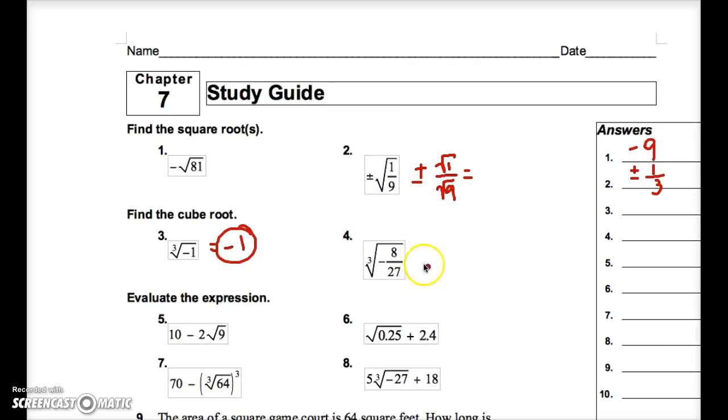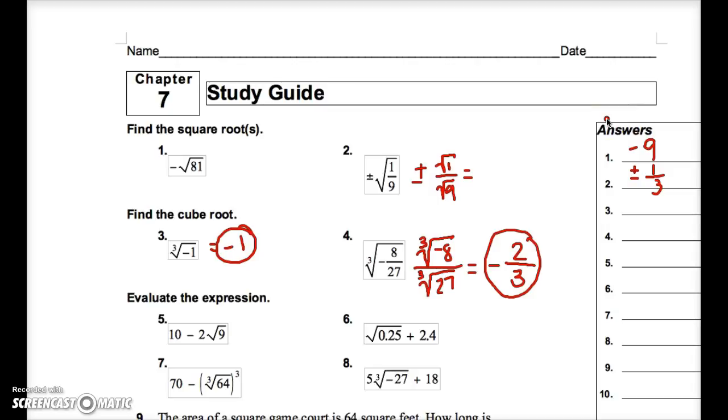So again, just like we did on number 2, we're actually taking the cube root of -8 and the cube root of 27. Okay, now it's going to be negative since there was a negative in there. The cube root of 8 is 2, and the cube root of 27 is 3, so -2/3.